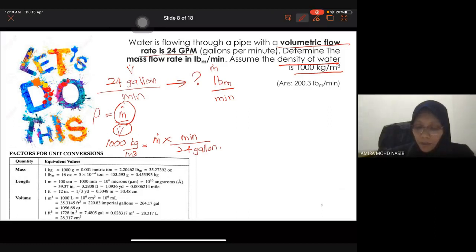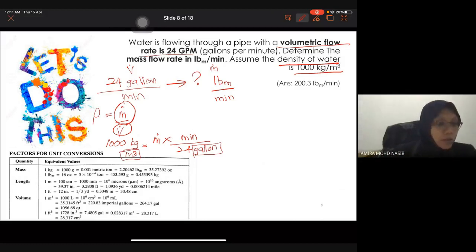Okay, now you cannot simply just multiply because the unit is different. So this one is gallon and this one is meter cube. So what you need to do? You need to convert first. Alright? So up to you, either you want to change all the unit to meter cube, or all you want to change to gallon.